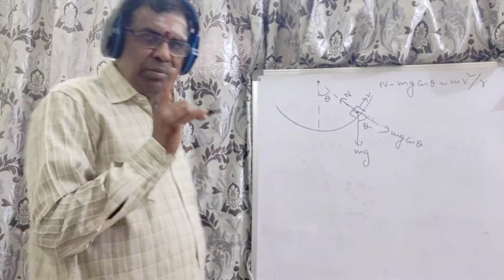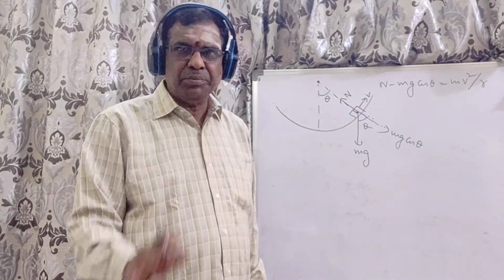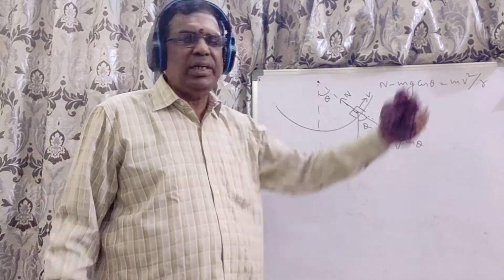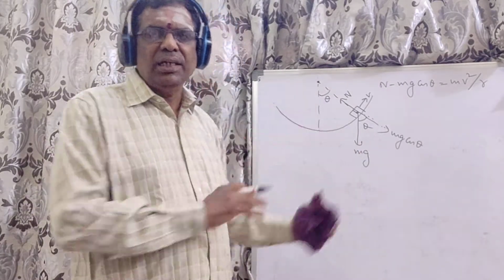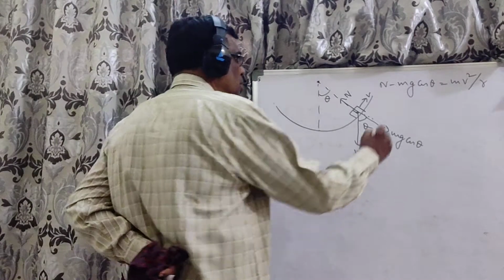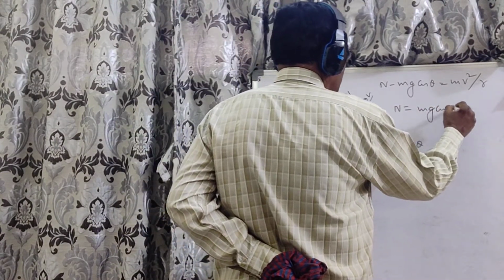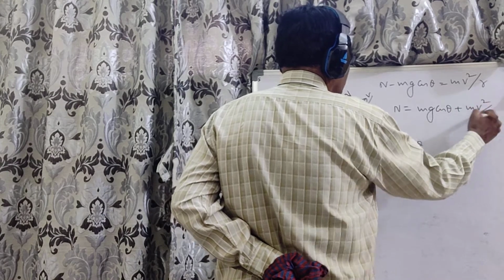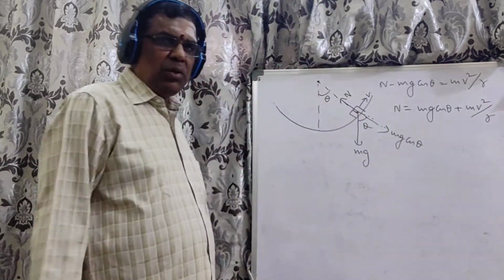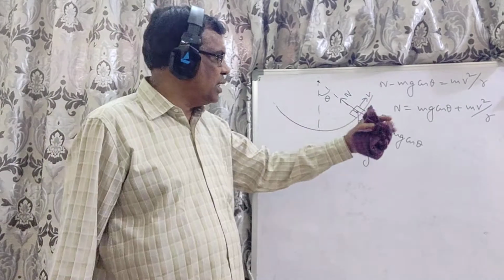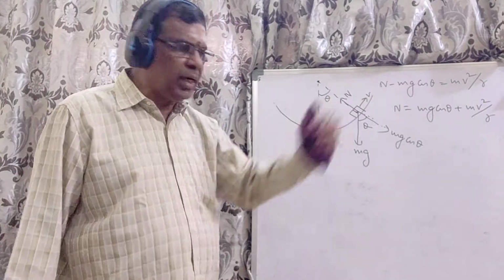With this V I am taking, everywhere it is not the same. In each case, the V is a general velocity I am considering, magnitude of course. So N is equal to mg cos theta plus mv square by r. So you can take it at any point. Let theta be 90 also, you can take it.